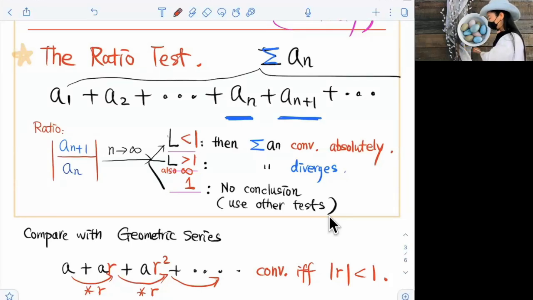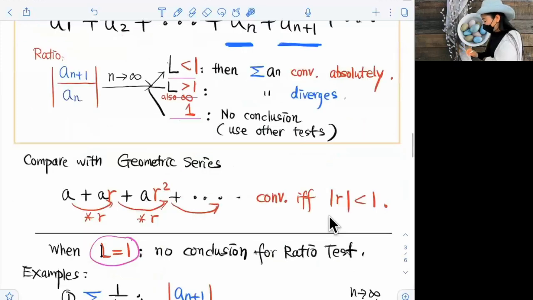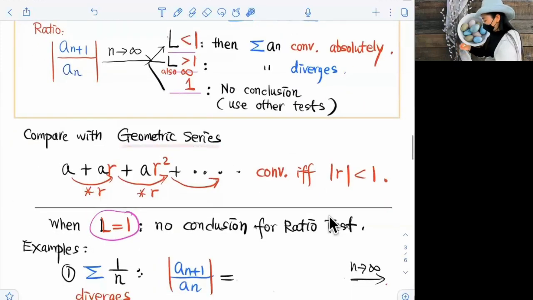I'm not going to go through the proof, but I'm going to give you the idea, some explanation. Let's compare this with the geometric series. What does a(n+1) over a(n) mean? For a geometric series, a(n+1) over a(n) is always equal to the common ratio.